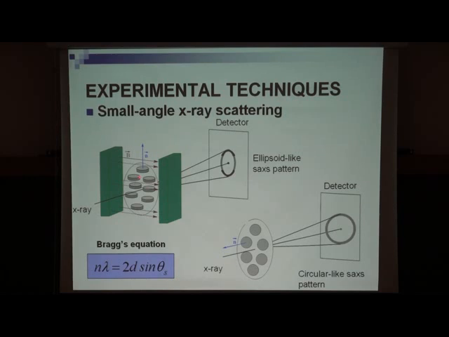One arises from the micelle diameter, and the other one from micelle thickness. But in this configuration, you can observe a circular-like SAXS pattern. As I know, this is obtained for isotropic systems.